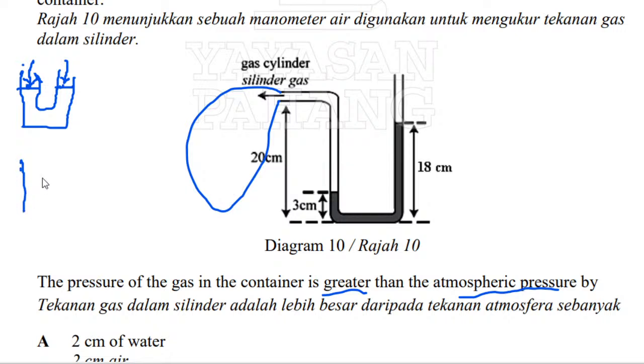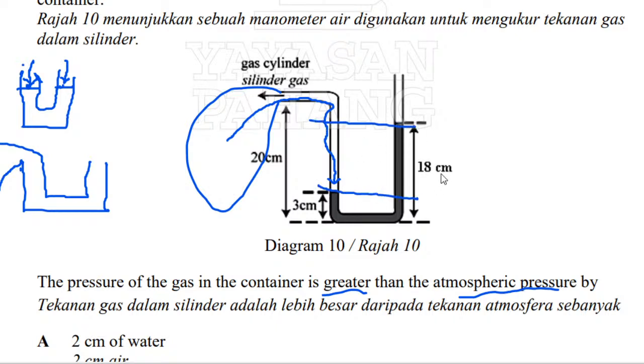Now, if the manometer is connected to a source of gas, let's say there is gas here, and this happens, connected to the gas. It means that the gas inside here will push this side downward, and this side has no choice, it needs to move upward. So you can see the difference here. How many cm? 18 minus 3, so it means 15 cm.